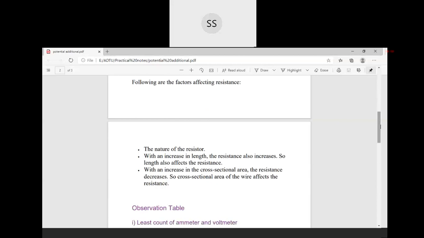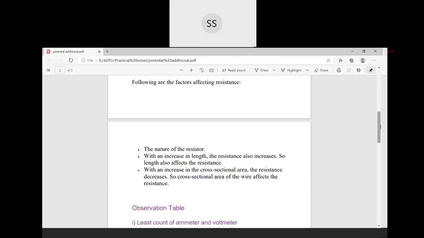Usually we use copper wire in our electrical devices because copper wire has really low resistivity, so we will get more current. Some materials have really high resistance, so those materials are not helpful to get more current.